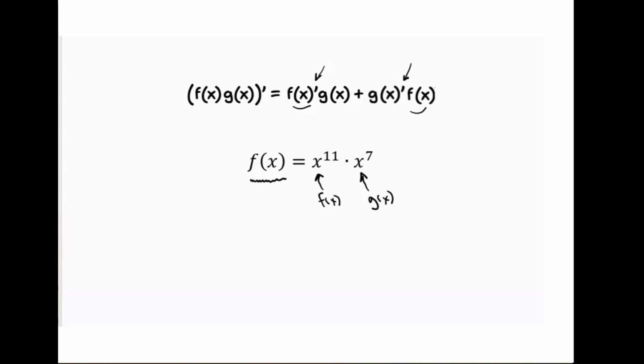So f prime of x would be 11x to the 10th times g of x, so times x to the 7th, plus g prime of x, which is 7x to the 6th times x to the 11th. And if we simplify this, we would get 11x to the 17th plus 7x to the 17th, which equals the correct answer, 18x to the 17th.